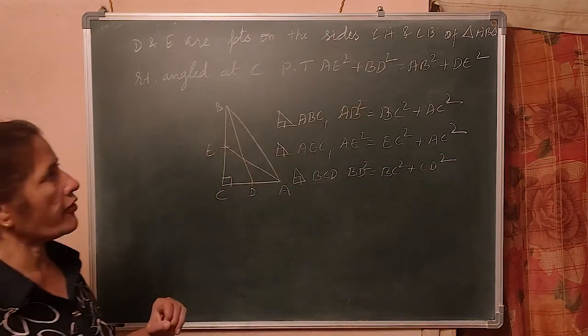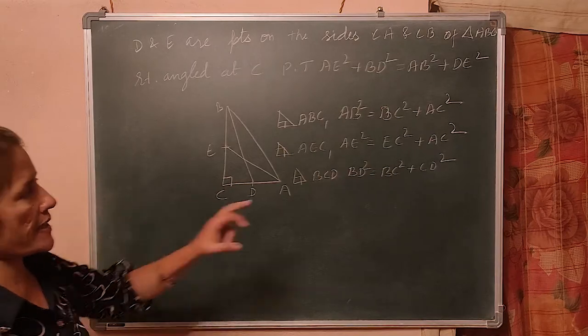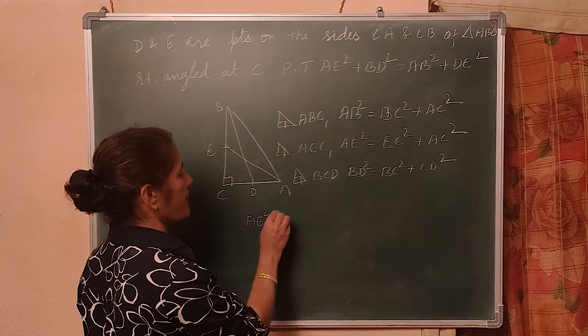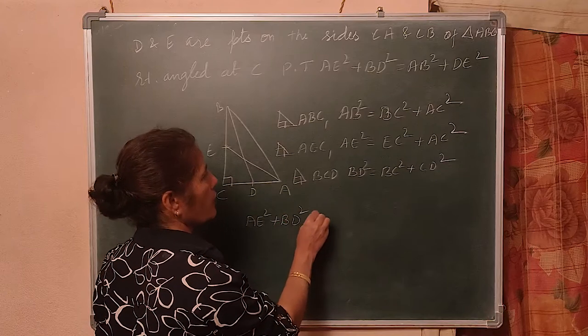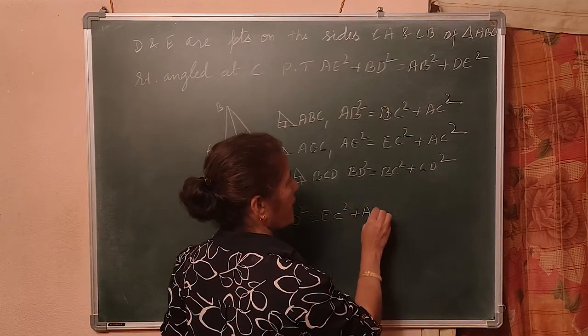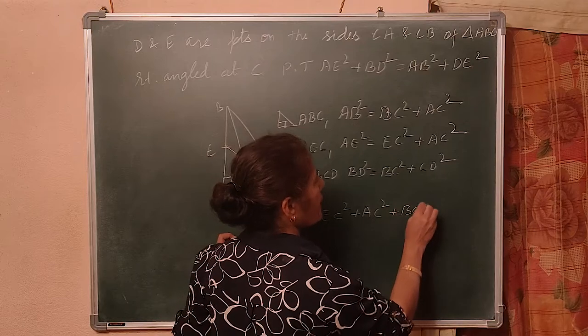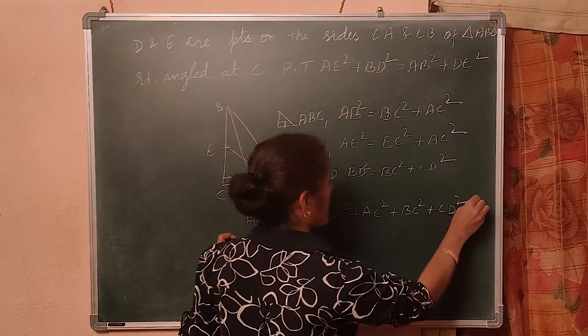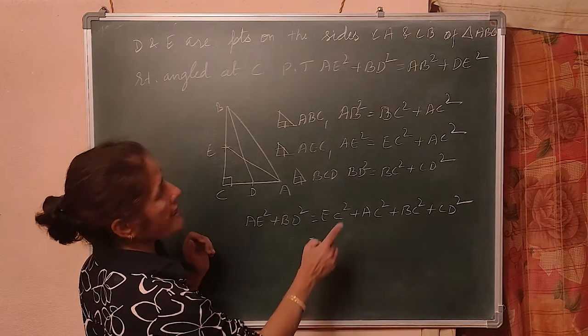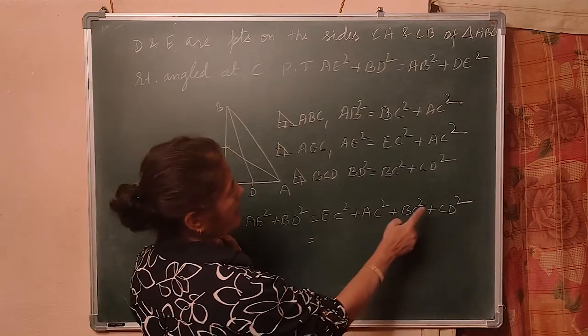Now, I want AE square plus BD square. Let me add these. AE square plus BD square is equal to EC square plus AC square plus BC square plus CD square. I will write AC square plus BC square together, plus EC square plus CD square together.